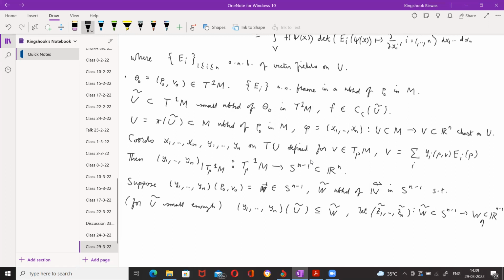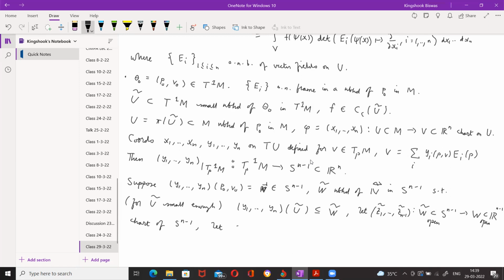So this is an open set. This is a chart of S^(n-1).